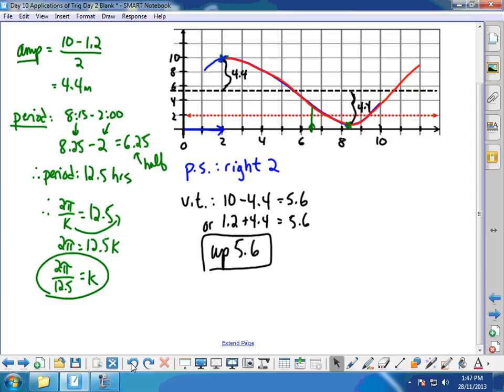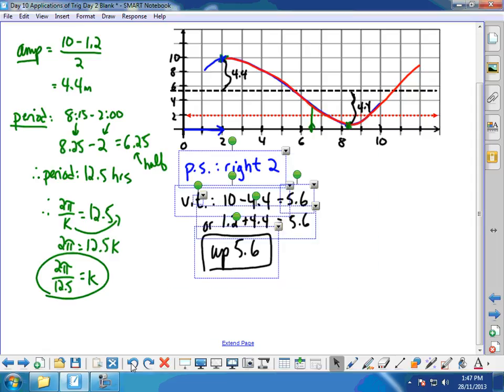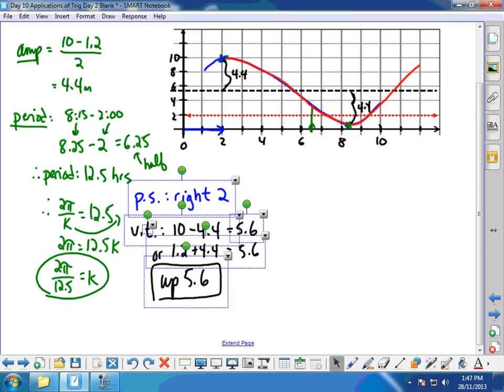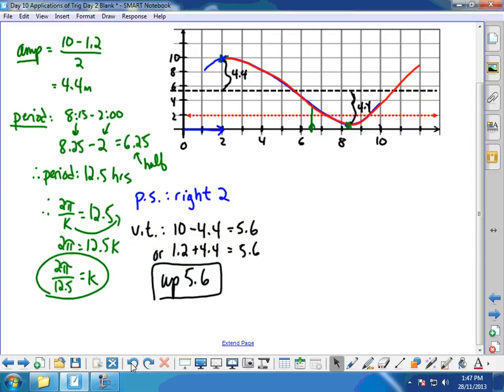So if I take all this information, shrink it down over here, or move it down a little bit so I have more room, I will get an equation for the height of the tide: 4.4 cos of k, which is 2 pi over 12.5, times t.